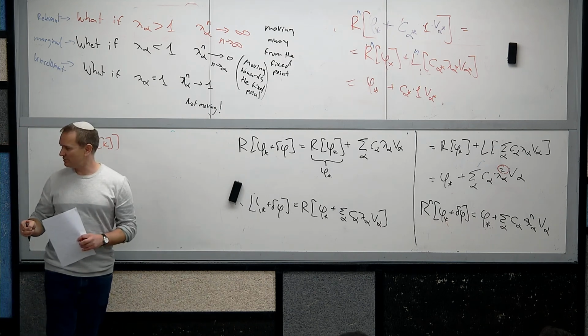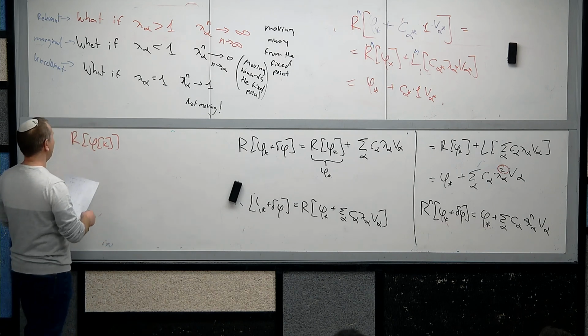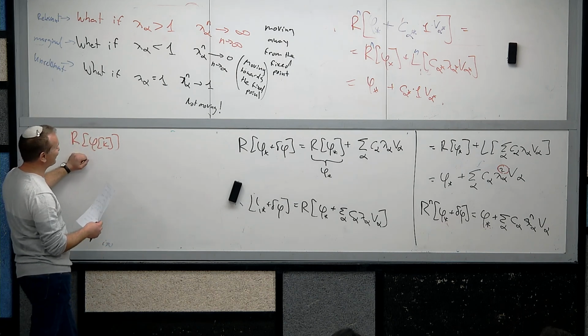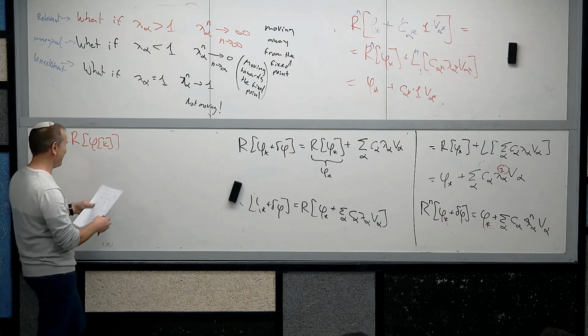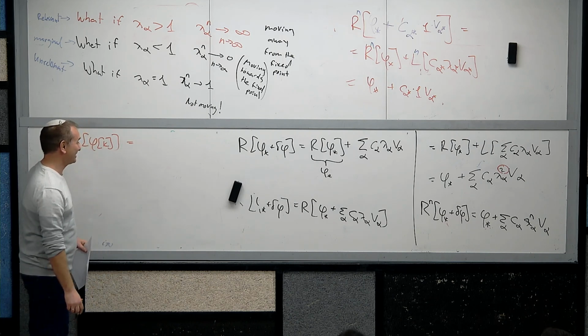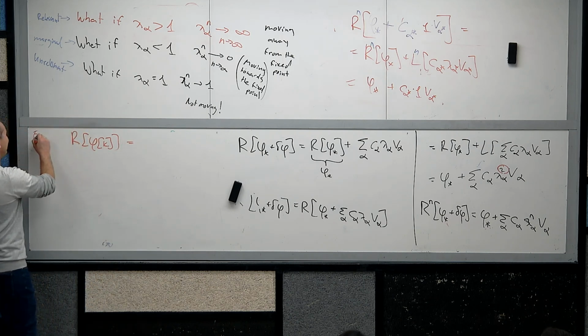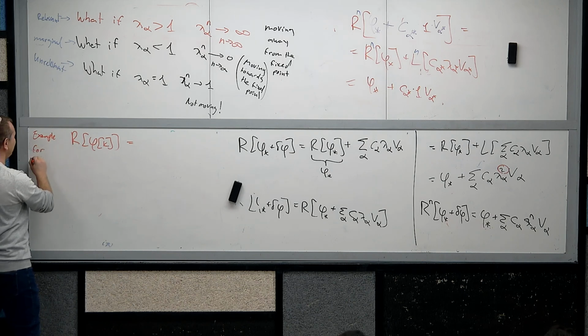But they don't see it. Anyhow, R applied to P of K, R applied to K of K, we know, okay, so this is an example for uncorrelated random variables.